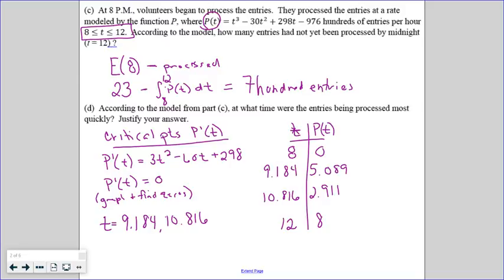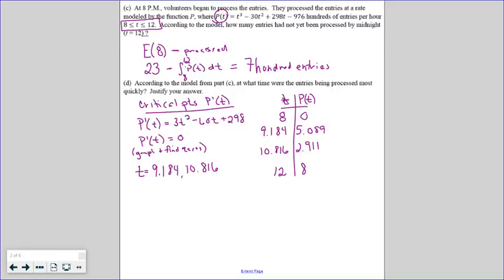So then scanning through there, finding our largest value, they are being processed most quickly at time equals, and of those values, 8 was our highest, so at time equals 12 hours.